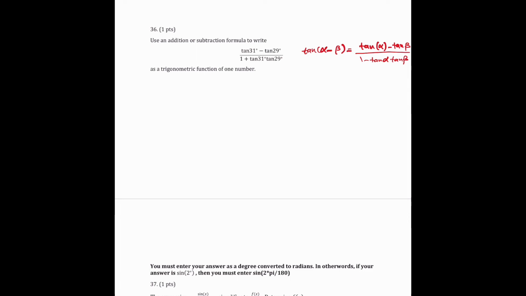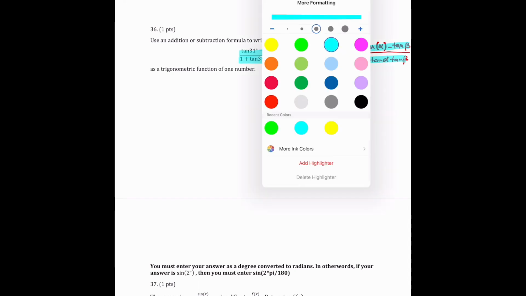So if you compare those two sides, you can reverse that and make it the difference between two angles. Namely, alpha is 31 and beta is 29.